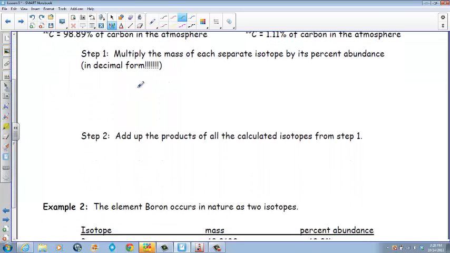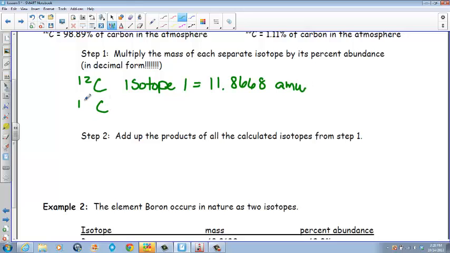All right, so let's put this back up here. We have isotope 1, which is C12, and that is 11.8668 AMUs. And then C13 isotope, and this is the weighted average mass.